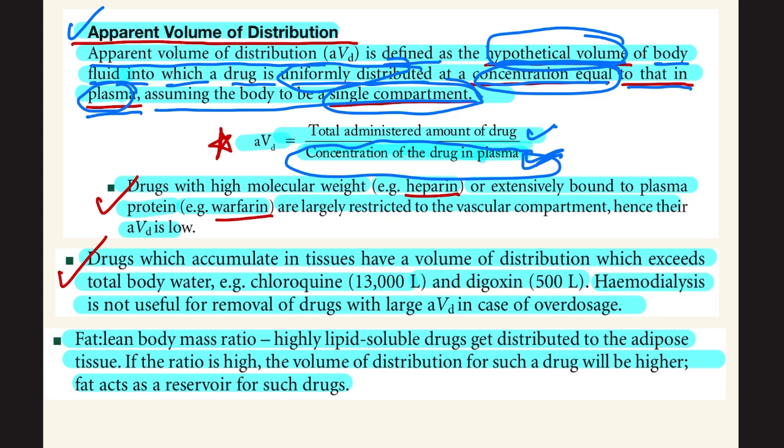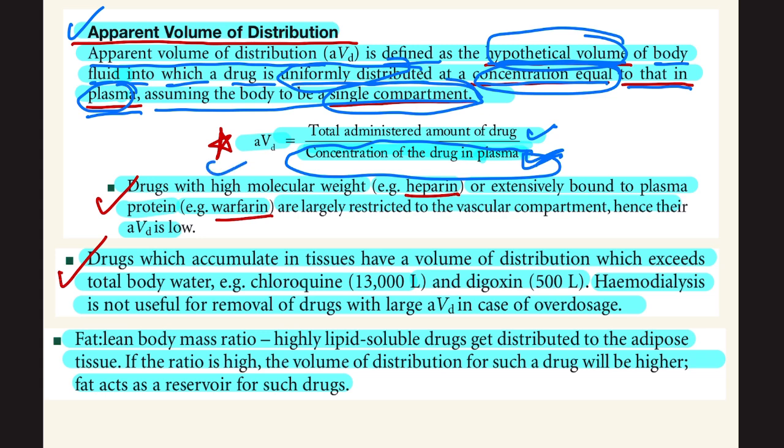That is what we call apparent volume of distribution. It is called apparent because it is not a real entity. It is an imaginary volume in which the drug is distributed uniformly in the same concentration as is present in the plasma.